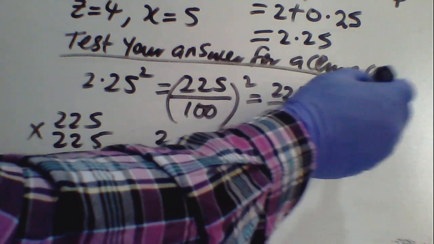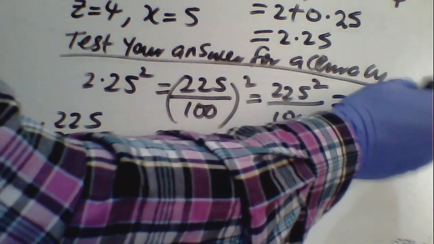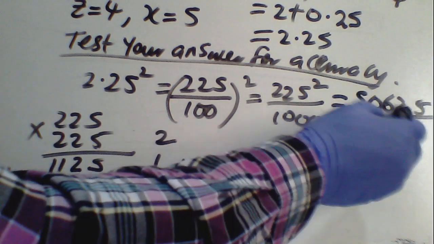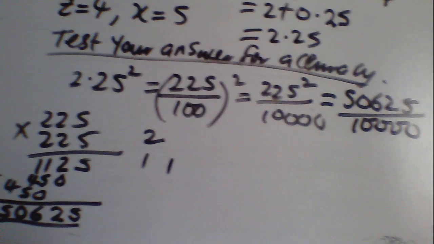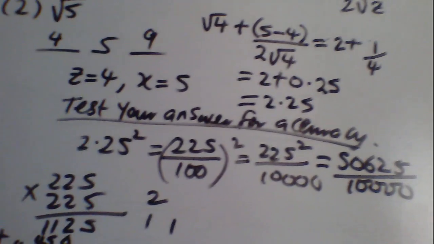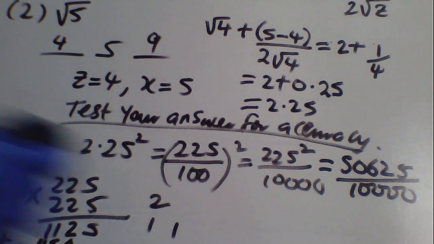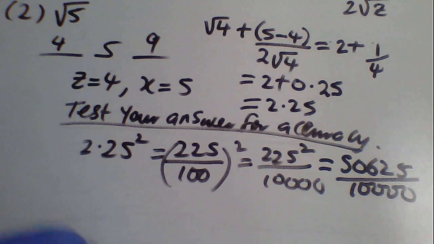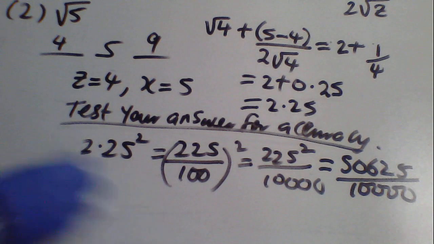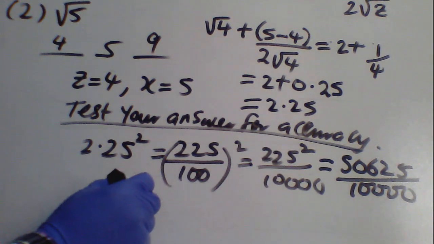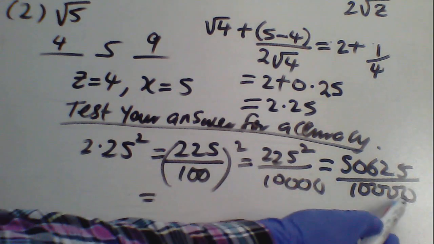So you bring it here, you have 50,625 divided by 10,000. So the next thing you have to do is to divide the answer you got by 10,000. So this will give us what? How many zeros? 1, 2, 3, 4.